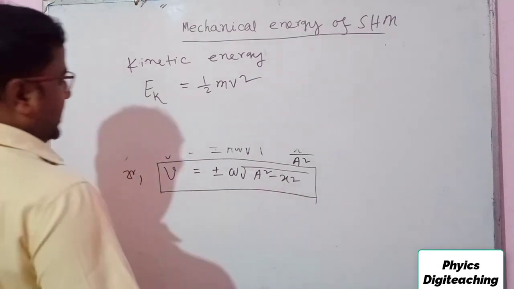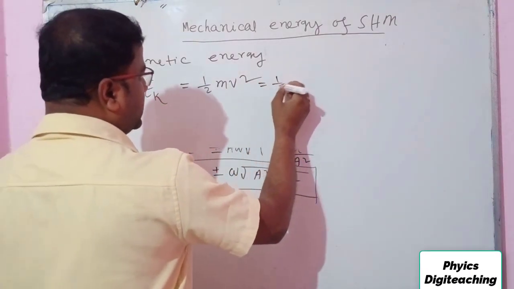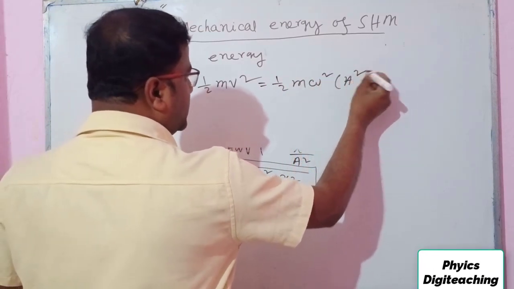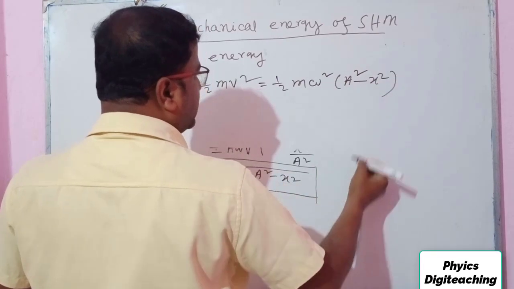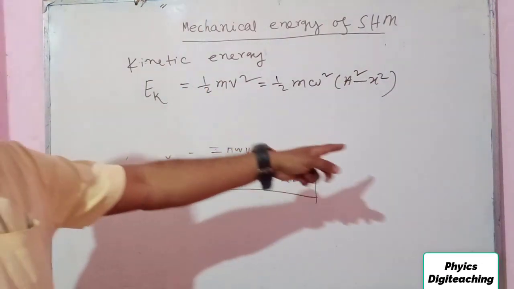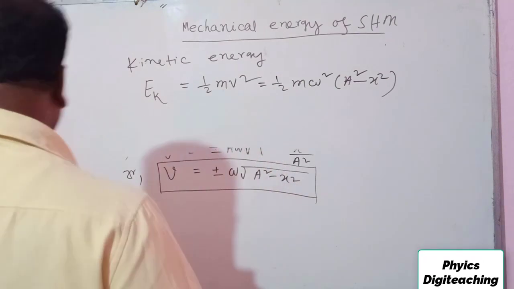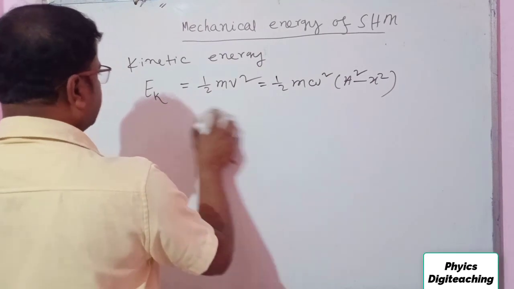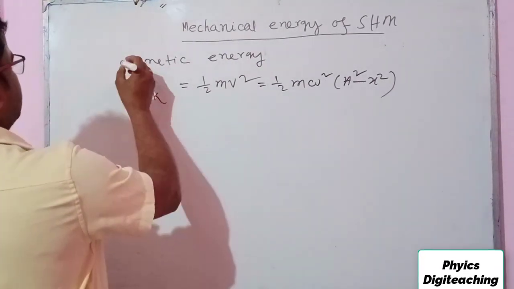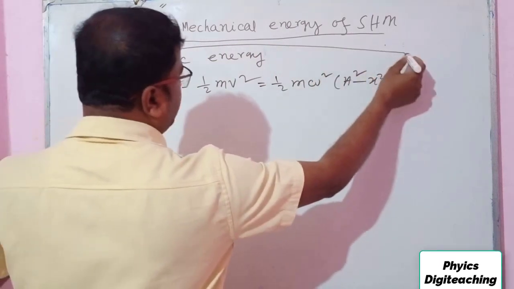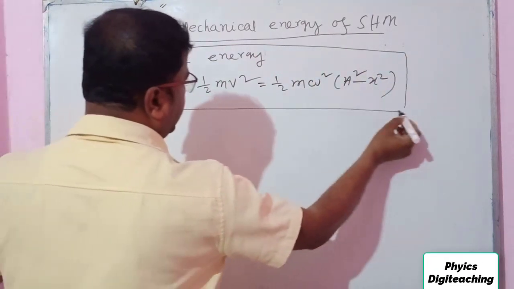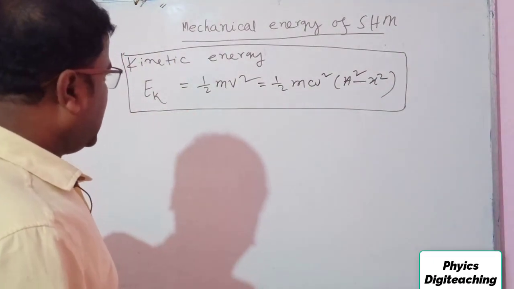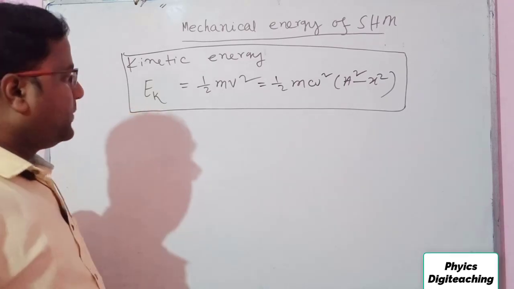Now we substitute the value of v here, then we get half m omega square into a square minus x square. This is the expression of kinetic energy of the particle which is performing simple harmonic motion. Now we are going to calculate the potential energy.